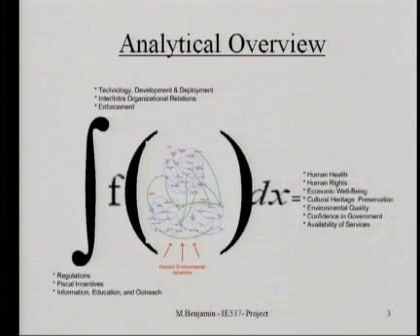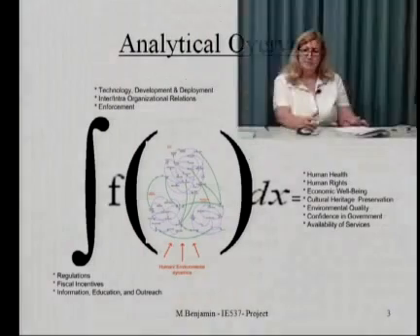As Dr. Enge had an analytical overview, I am also presenting my analytical overview of the problem. As you see in the center, this is the social movement theory, the kernel. So that's what I perceive as the society.